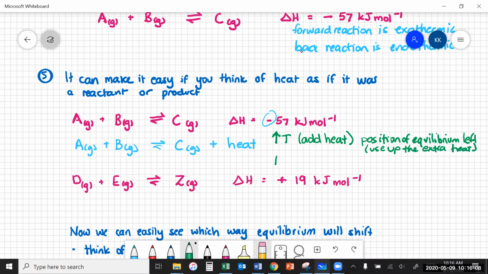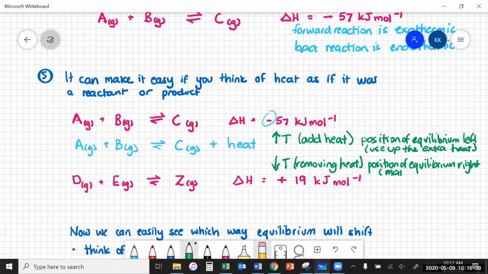If I decrease the temperature, I'm going to think of that as removing heat. So if I remove heat, it's going to try and make more heat. So that's going to shift the position of equilibrium to the right. And that's going to make more heat to replace the lost heat.